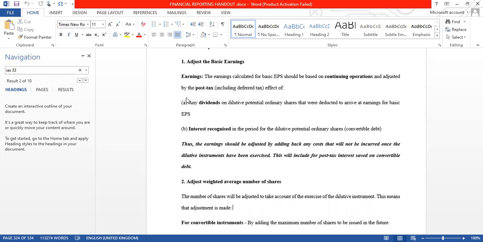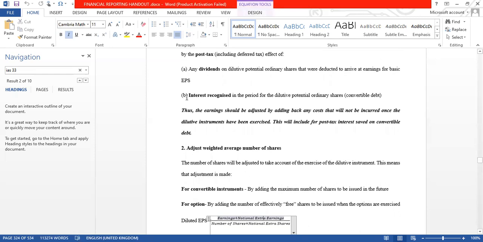We will also need to, number two, as stated earlier, adjust our weighted average number of ordinary shares. For convertibles, all we need to do is to add the maximum number of shares, the maximum, and that's the key. It's a very important note you should have here, a maximum number of ordinary shares. So assuming that there are plenty of convertible options at different dates, then what is going to be used is when they will have more shares.